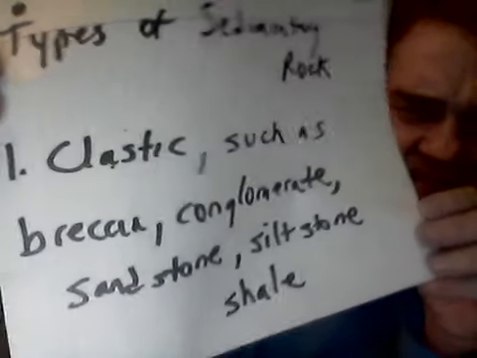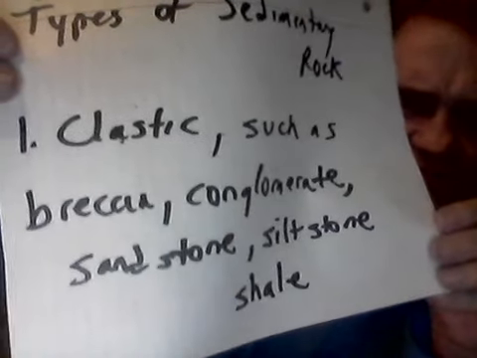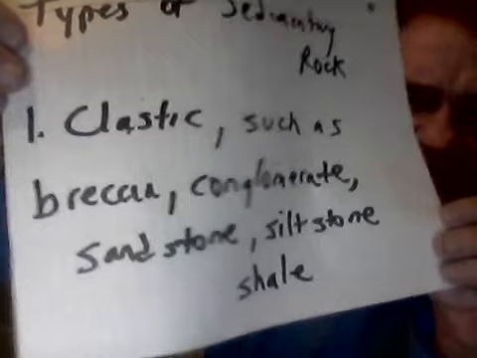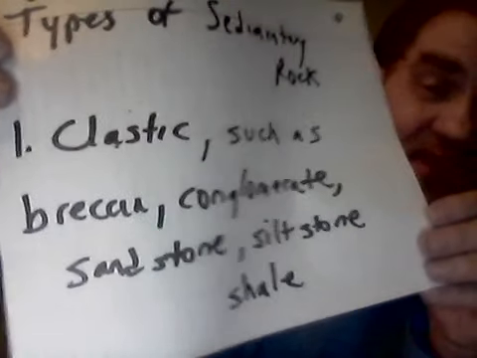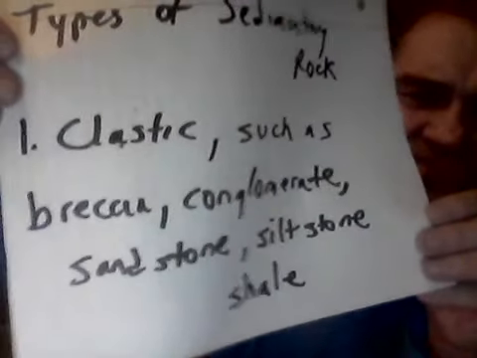Now, did you know there are 3 kinds of sedimentary rock? You didn't? Well, I'm glad I can tell you about it. One kind of sedimentary rock is called clastic. That's what you would consider for breccia. Probably not saying that right, but that's okay. Breccia.